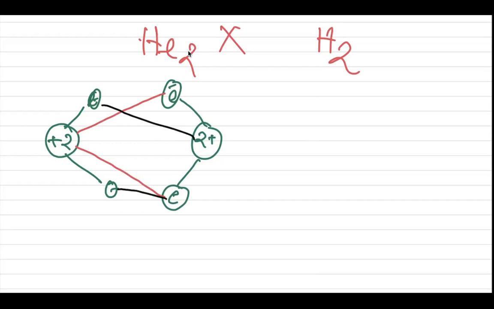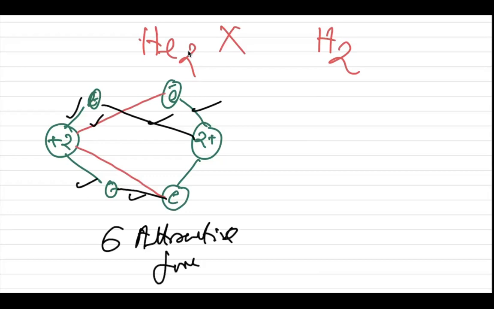So how many attractive forces are there? 1, 2, 3, 4, 5, 6. So 6 attractive forces are there.